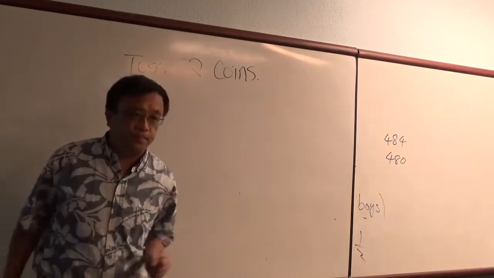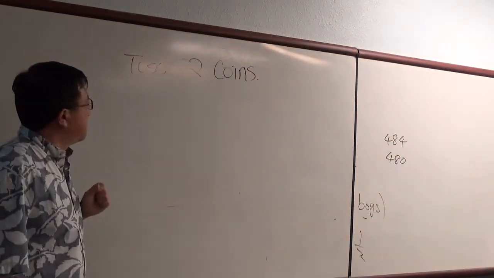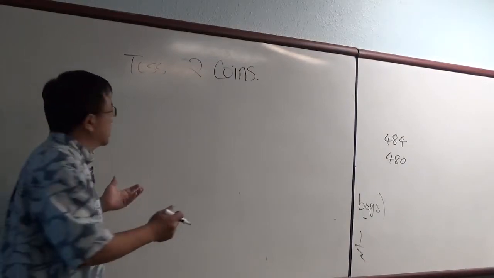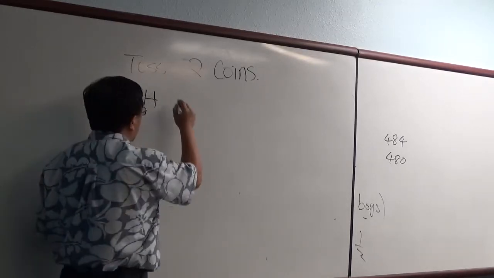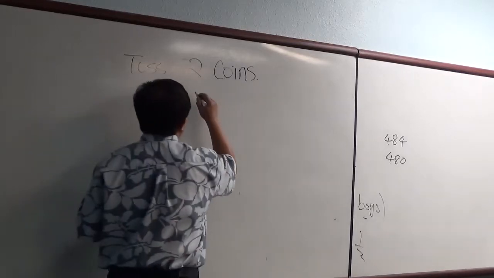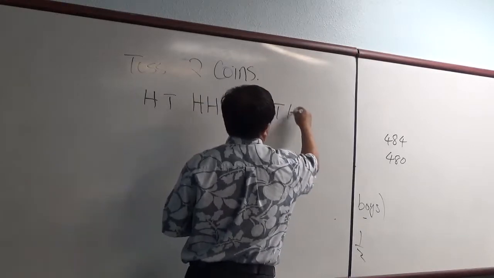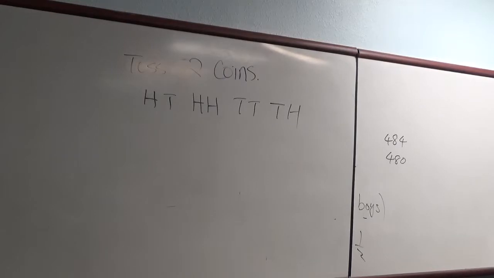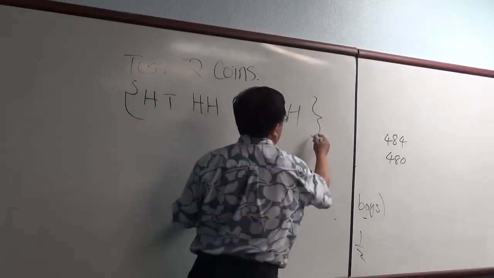What's the sample space? Two coins, one at a time. What are the possible outcomes? Heads, heads. The first one is head, second one is a tail. Tail, heads. Tail, tail. You see how many possible outcomes? 4. So that's the sample space, right?